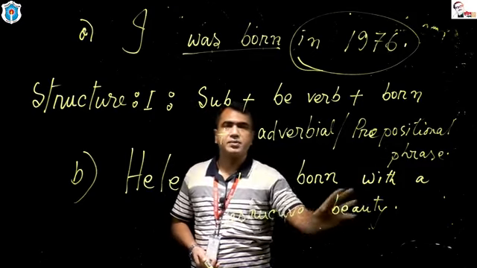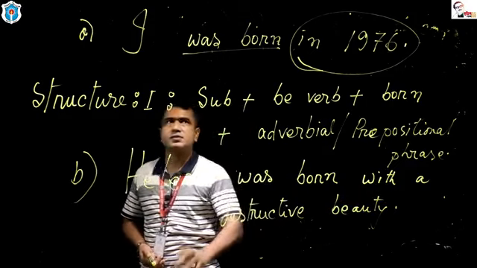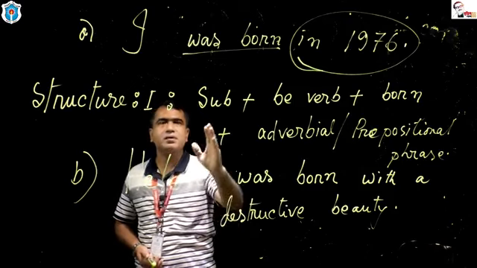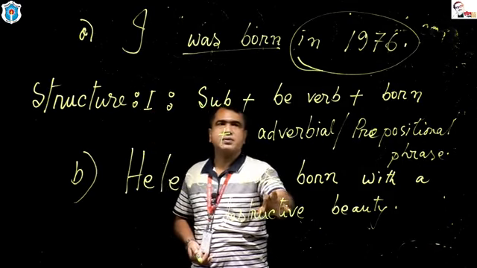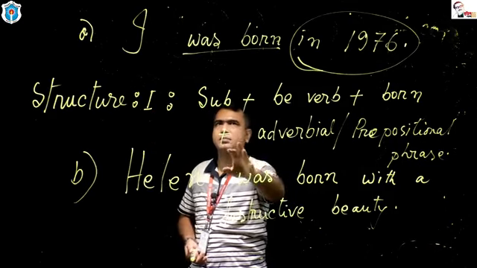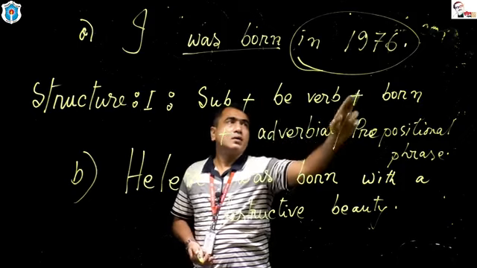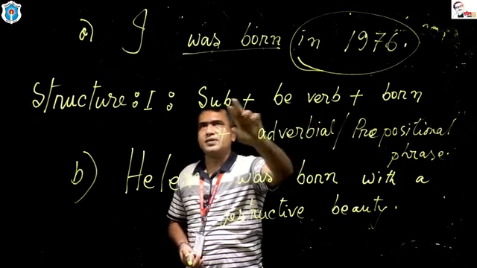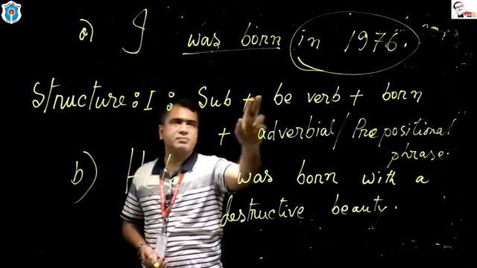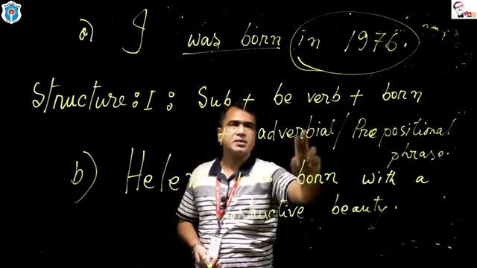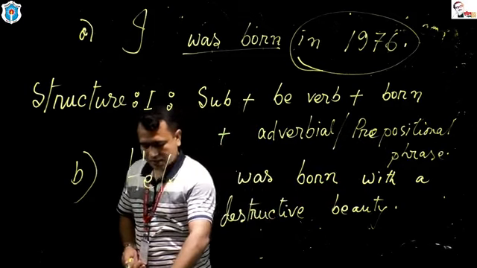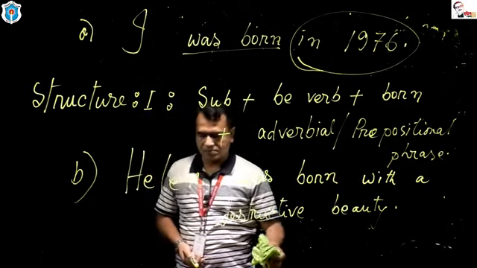With a destructive beauty, it's a prepositional phrase, so we can use be born as was born or is born or are born with the prepositional phrase or with the adverbial phrase. Subject plus be verb plus born plus adverbial phrase or prepositional phrase. It's another structure of be verb.